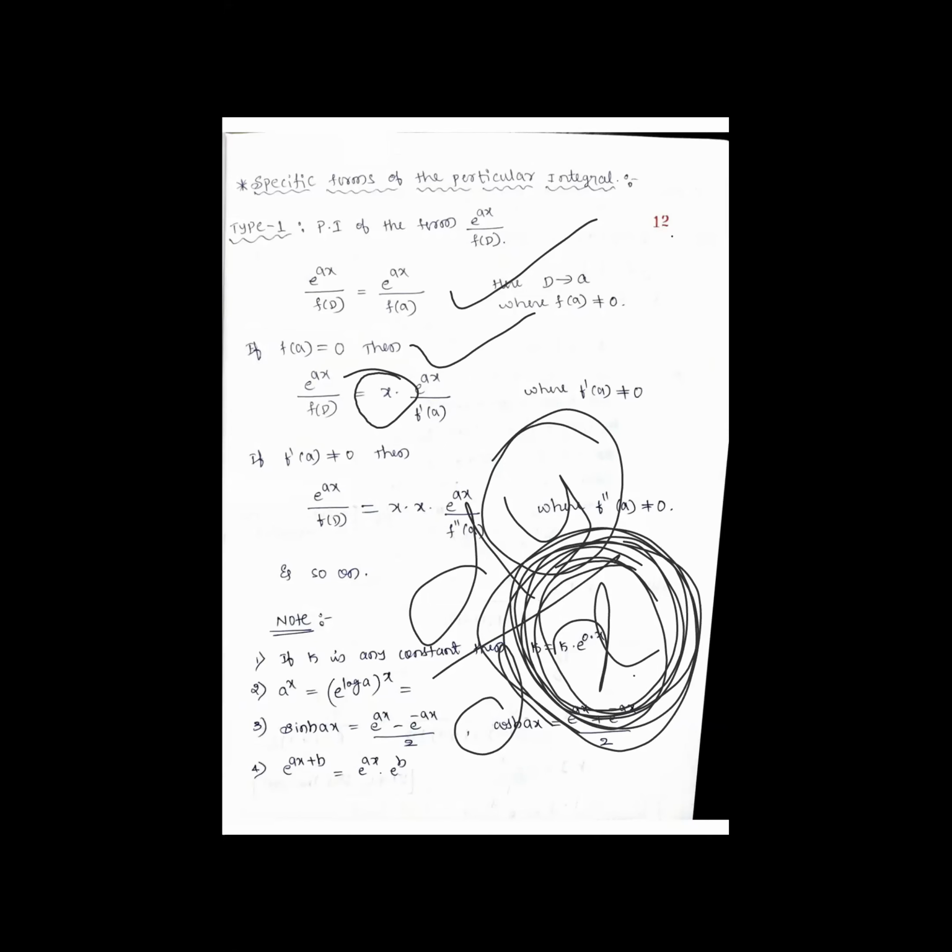Okay, so next. Multiply it by the independent variable. So as usual, you can see here, e raised to ax divided by, what is the denominator there? f of a, which you have to differentiate. That is f dash of a.